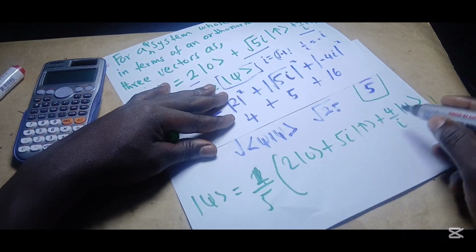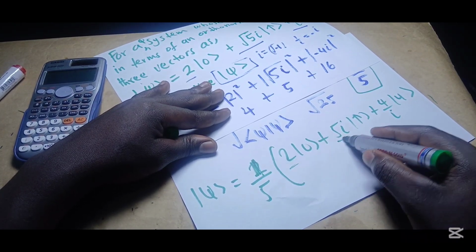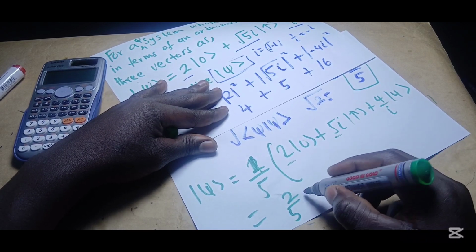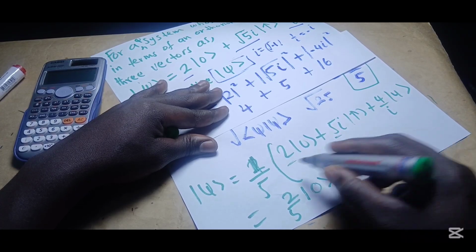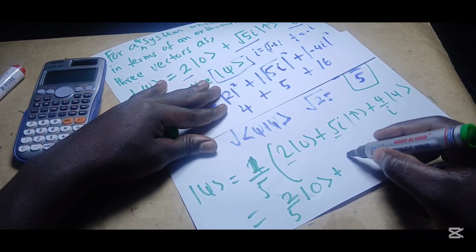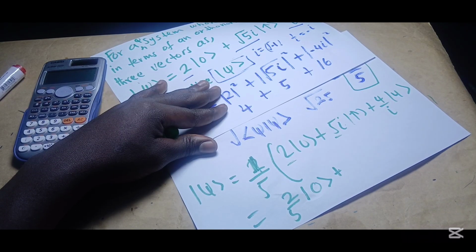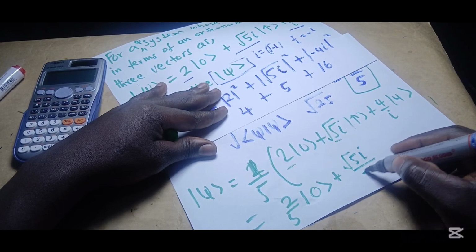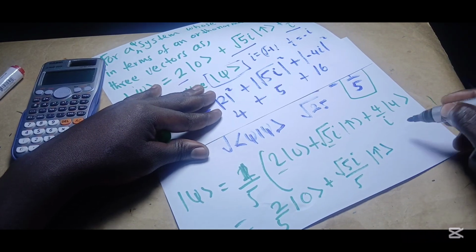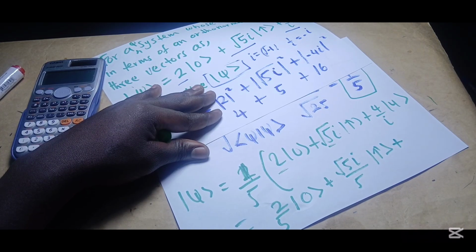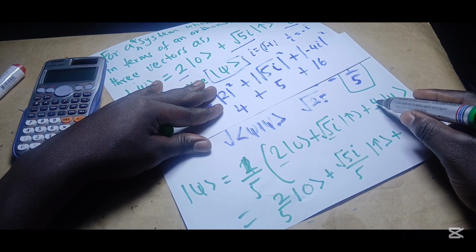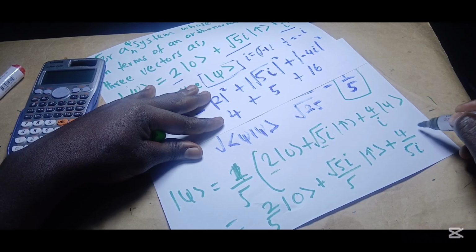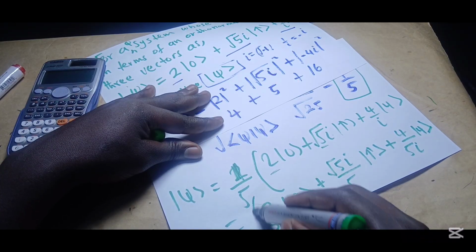If we multiply 1 over 5 throughout, 1 over 5 multiplied by 2 is only going to affect the coefficient, so it gives us 2 over 5, and you write everything else as it is. Plus 1 over 5 multiplied by square root of 5i gives us square root of 5i all on 5, spin up, plus 1 over 5 multiplied by 4 on i, so it's going to give us 4 on 5i, ket 4. Okay, so this is our normalized state.